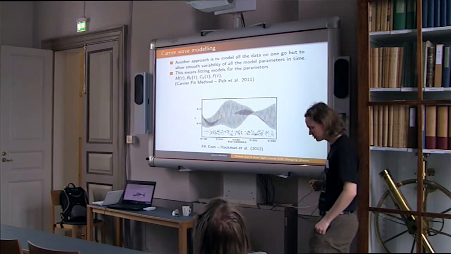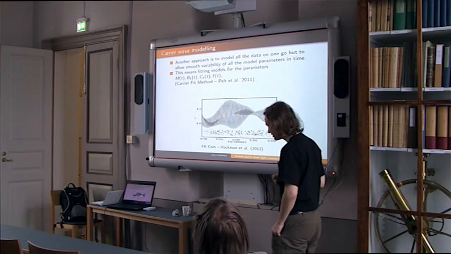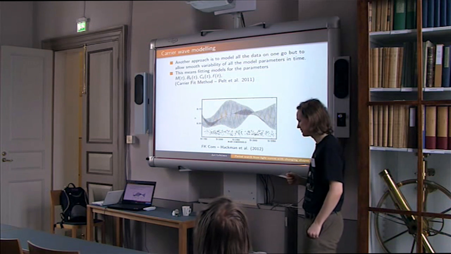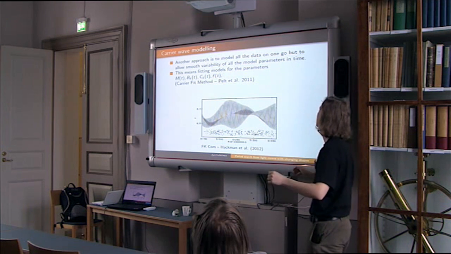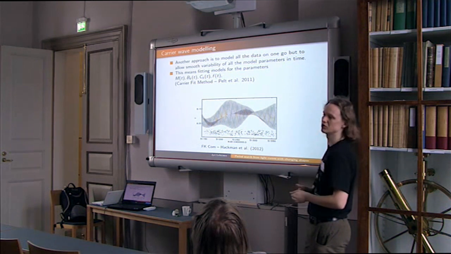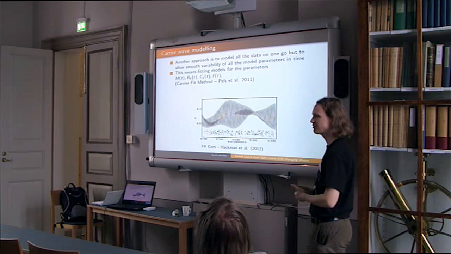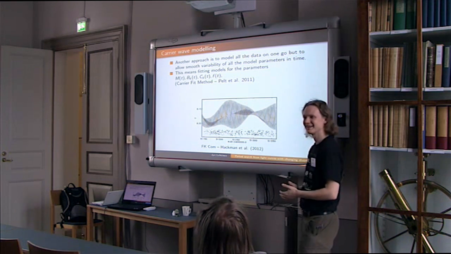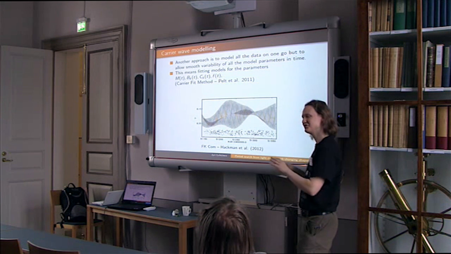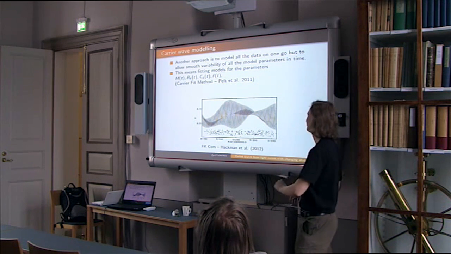Another similar method is not to cut the data into slots, but use all of your data in one go. Then, of course, as the light curve evolves, you want to introduce a bit more complexity to your model.